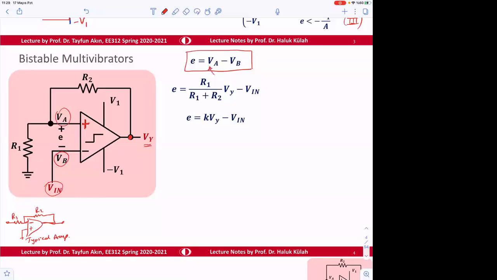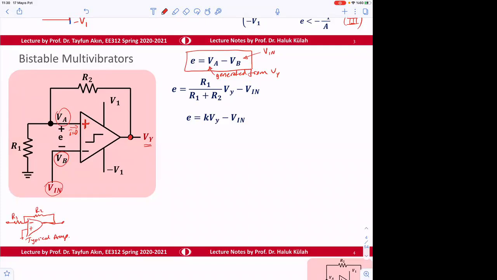Since the current going into the input is equal to 0, there is no voltage drop due to the input impedance here.